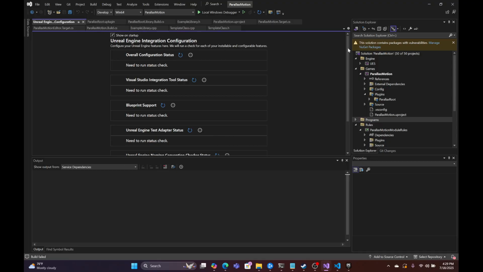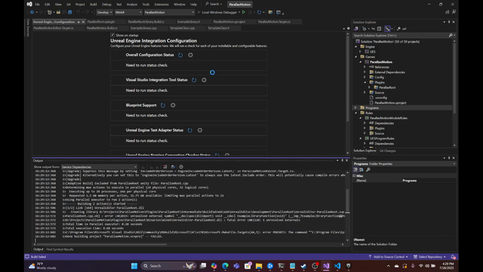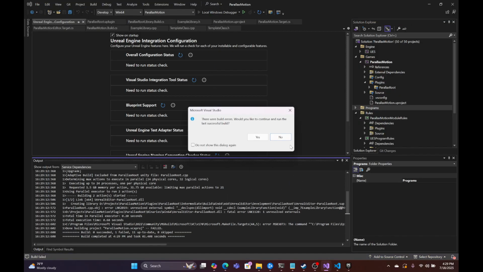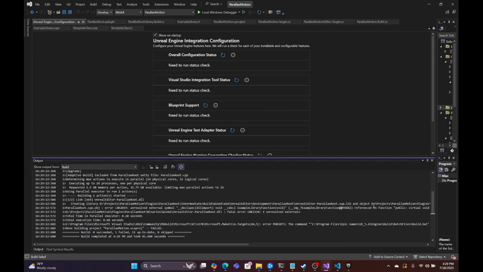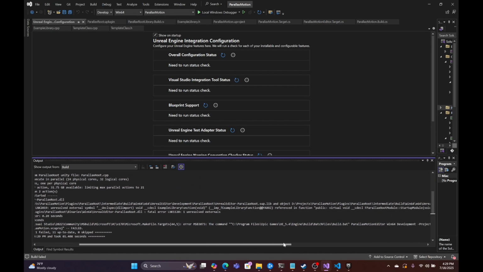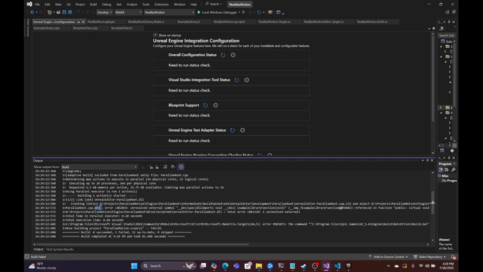What are my build errors? Parallax root CPP obj.